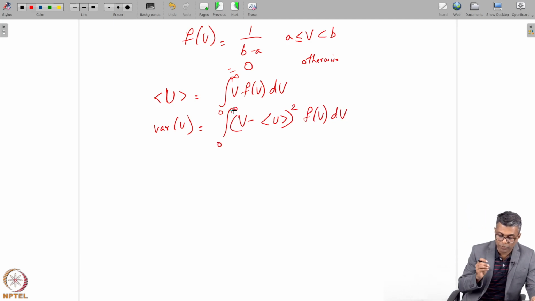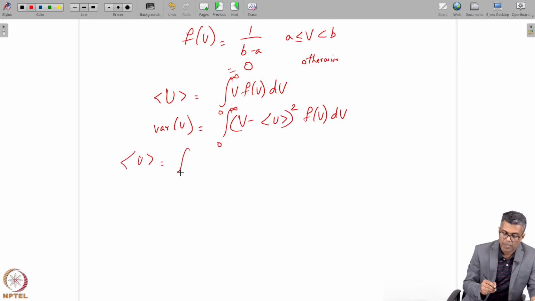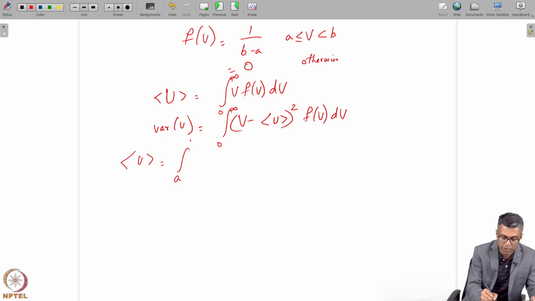Here is what you can do. In order to calculate variance, you will need the mean. So let's calculate the mean first. The u mean is the integral 0 to infinity, but that need not be taken because the function is only defined from a to b. It is 0 otherwise. So your integral can just be from a to b.